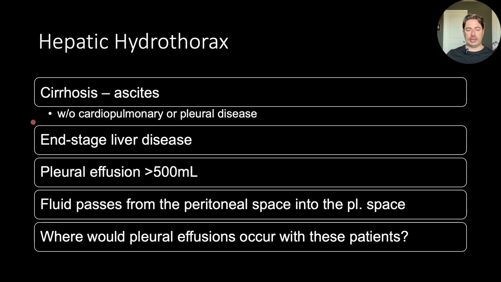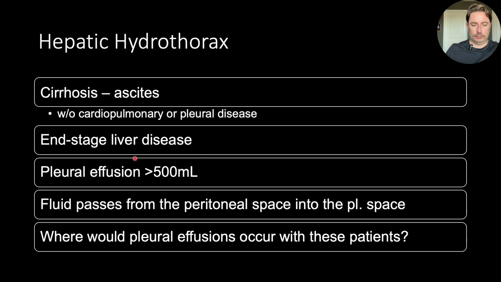Patients in end-stage liver disease are more at risk for hepatic hydrothorax or hydrothoraces. With the pleural effusion, we want to evacuate the fluid when we have a pleural effusion greater than 500 mLs.